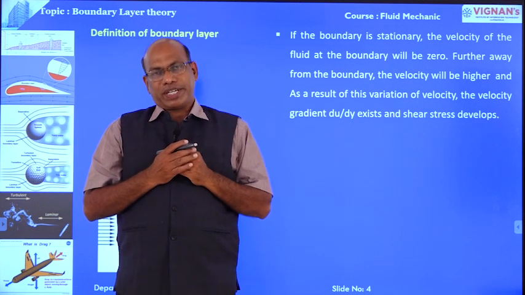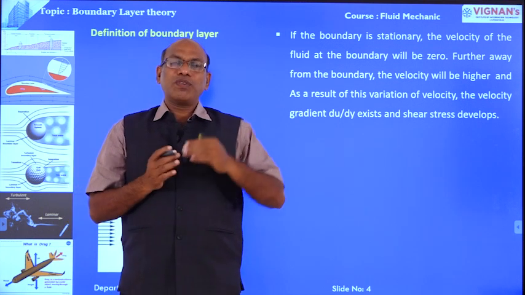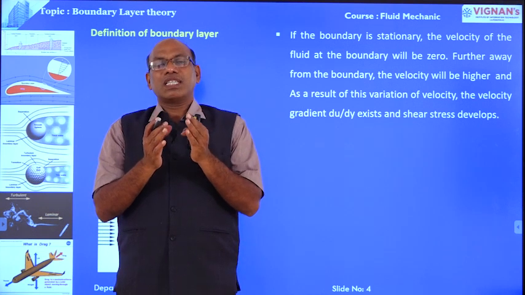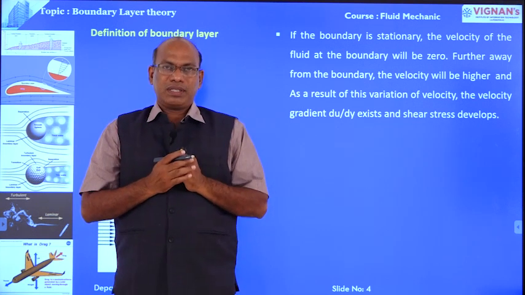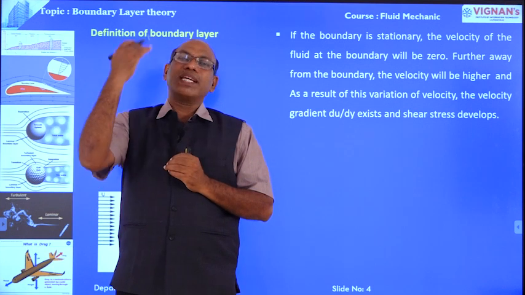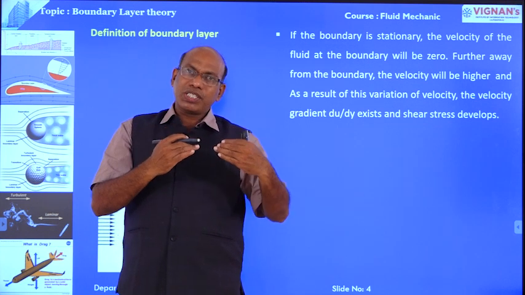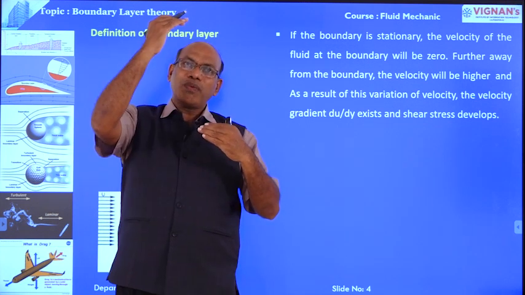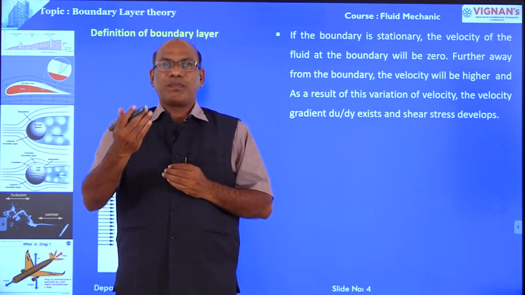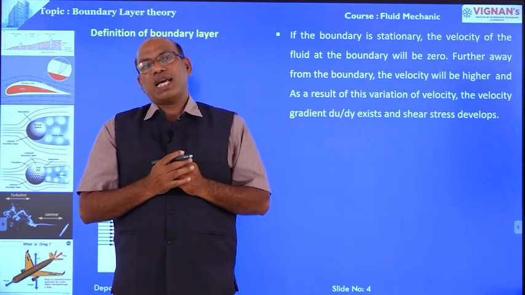If the boundary is stationary, the velocity of fluid over the boundary is 0 because there is viscosity between the boundary and the fluid. Away from the boundary, the velocity gradually develops and increases. The result of velocity variations from 0 to increased velocity is the development of a velocity gradient.